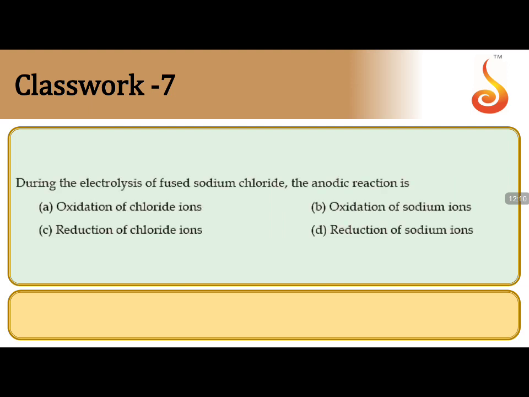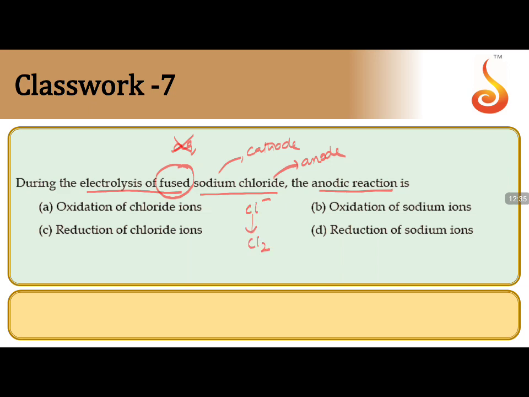Moving to seventh question. During electrolysis of fused, the word you need to take note of here is fused, it is not aqueous. Aqueous is different. Fused is different. Fused sodium chloride, anodic reaction. In fused state, cation directly goes to cathode, anion directly goes to anode. So chloride ion goes to anode. Cl minus ion will convert into Cl2.